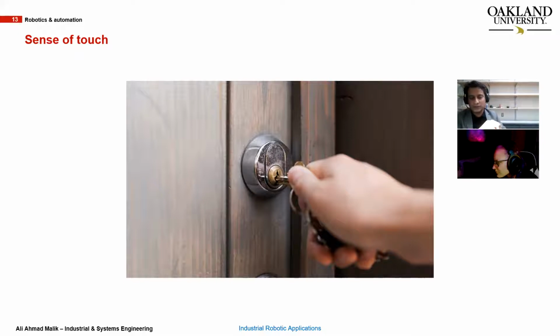For example, if you are placing a key in a keyhole, we exactly move our fingers to fix the key in the keyhole and it gets fixed. But robots don't have these properties. However, modern robots are getting sophisticated, and there are torque measuring tools available in those robots. But still, you need to do programming in a very precise way to enable them to do these tasks.